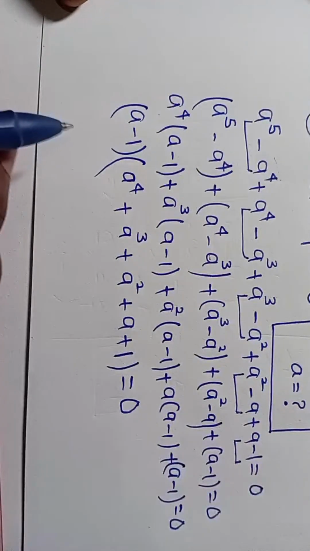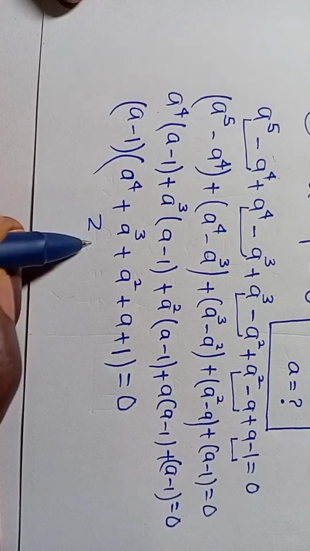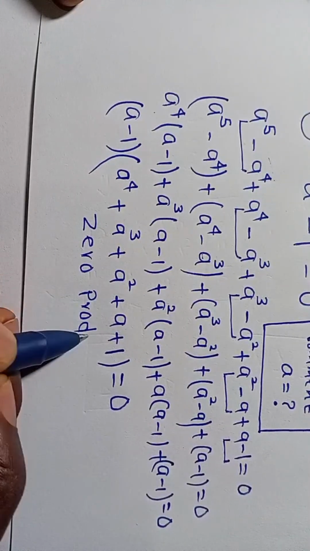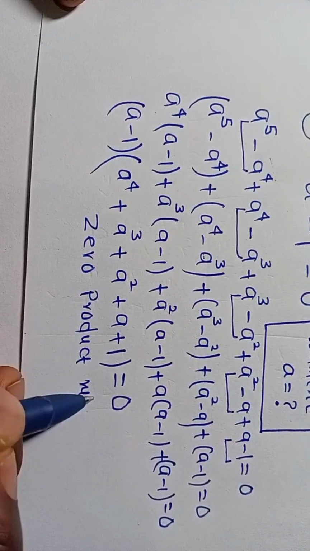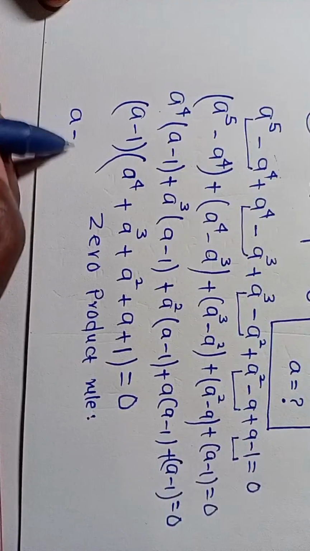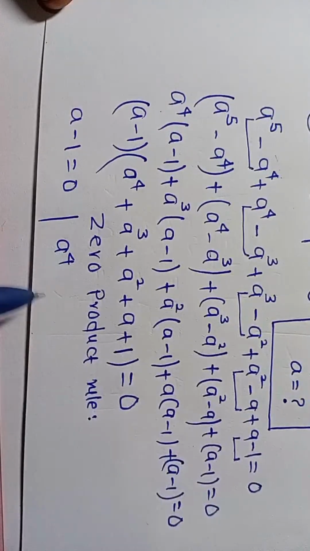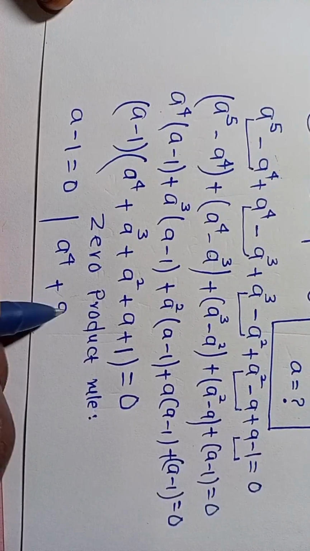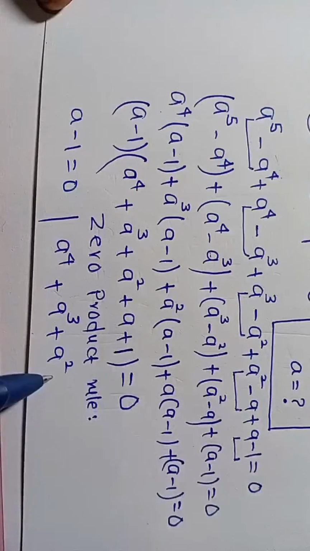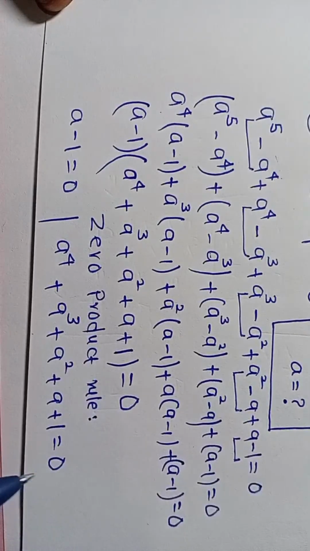Now, from here we have this. From the zero product rule, either we have A minus 1 equals 0, or we have A to the power of 4, A to the power of 3, A squared plus A plus 1 equals 0.